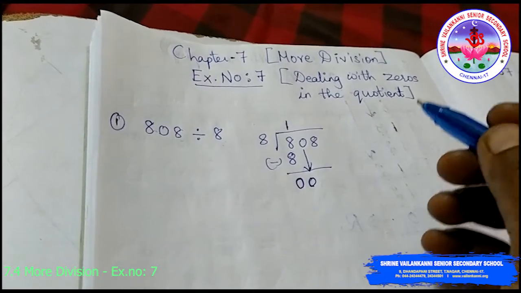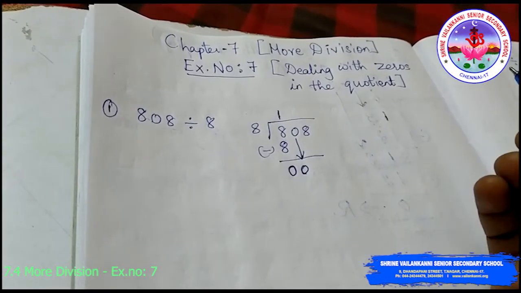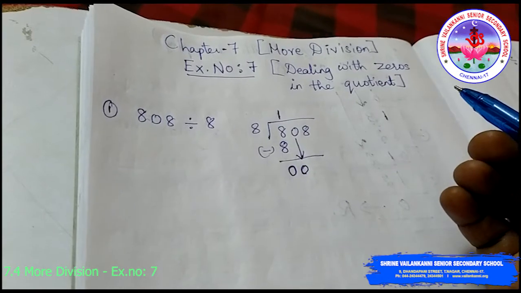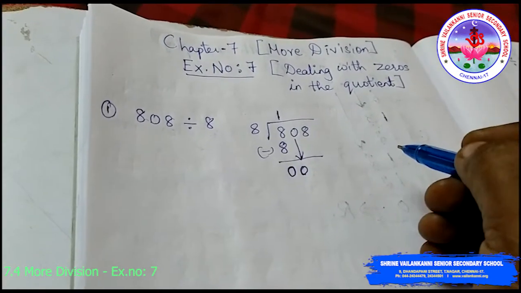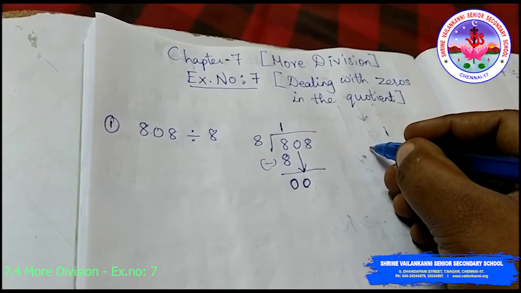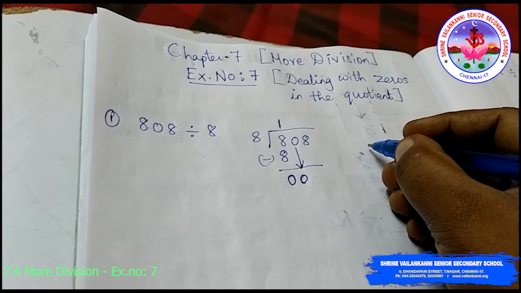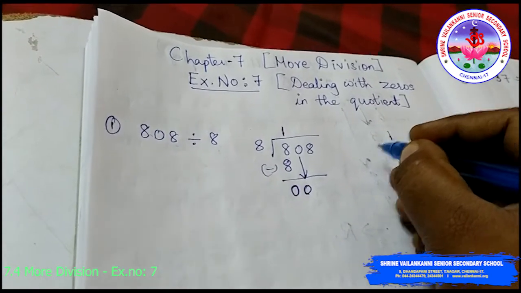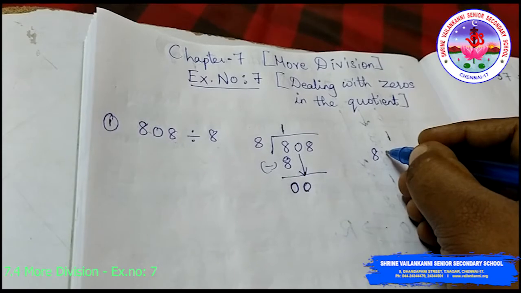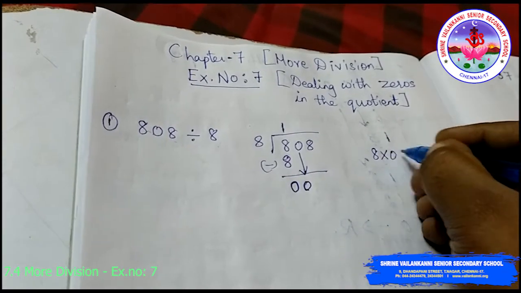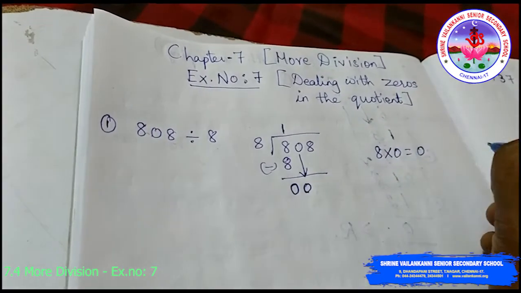But we can find 0 when we multiply any number with 0. That is, any number multiplied with 0, you will get the answer as 0. So using that property, 8 into 0 is equal to 0.